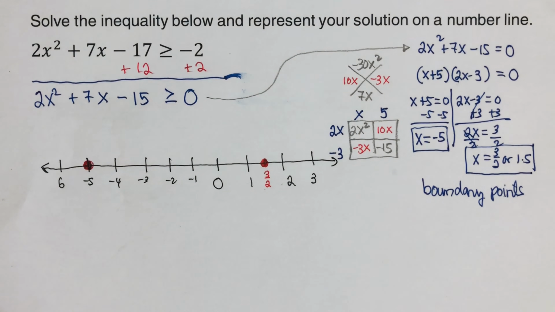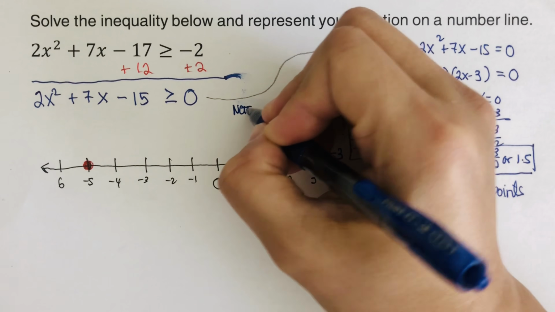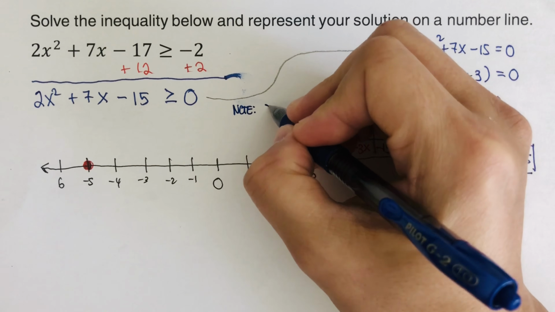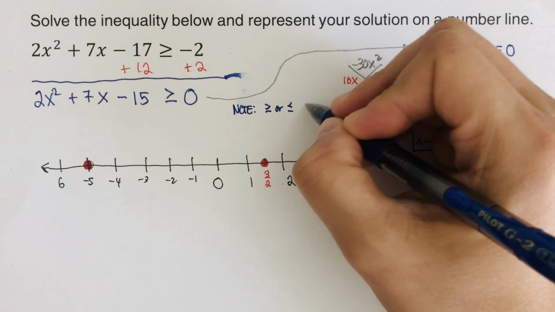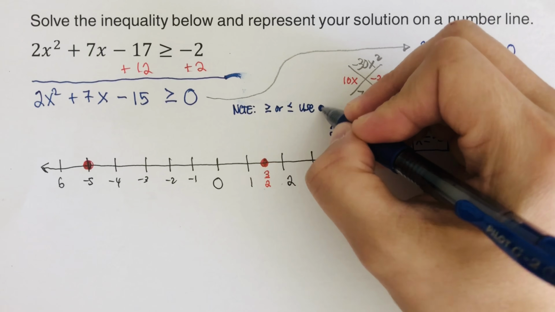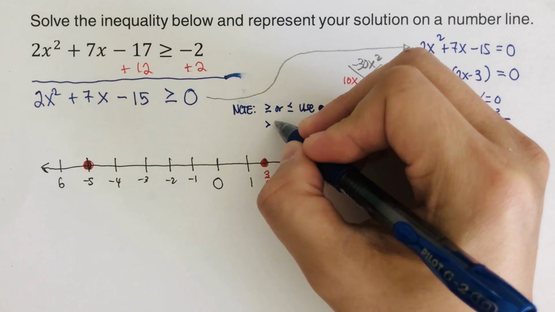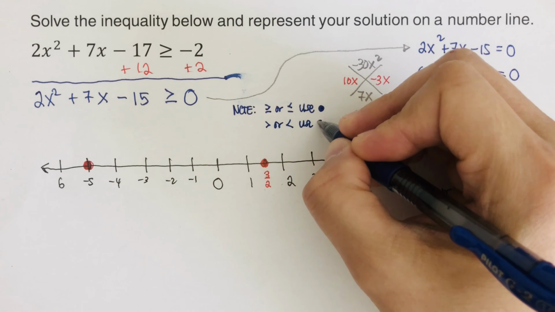I'd like to make a little note on this side. If we get a greater than or equal to, or a less than or equal to, we're going to use a solid circle. Now, if we have just a greater than or less than, with no bar underneath, we are going to use an open circle.